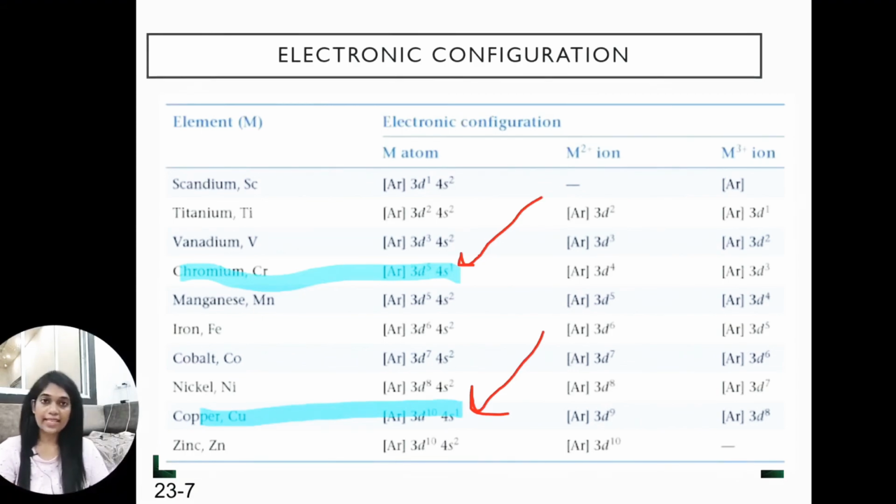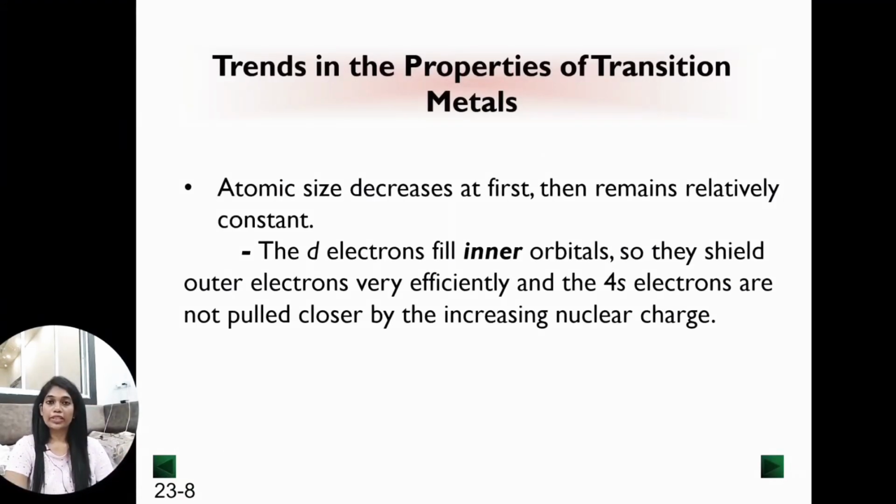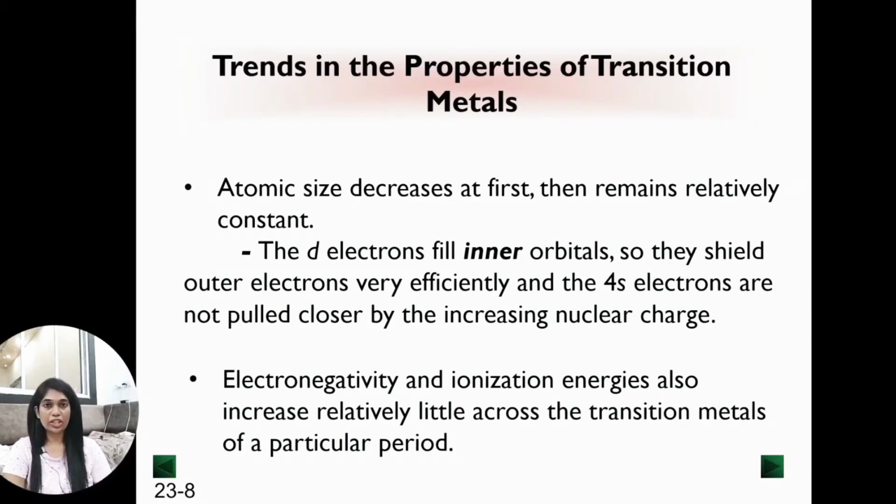Now let's see some periodic properties of transition elements. The most common are atomic size, electronegativity, ionization energy and metallic property. Let's see them one by one. In the case of atomic size, as we move in the periodic table from left to right, the atomic size decreases.